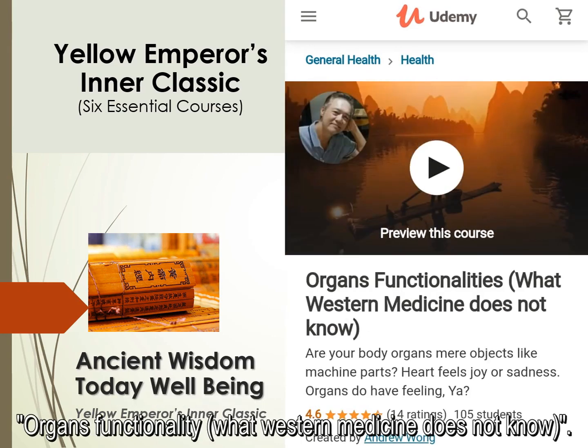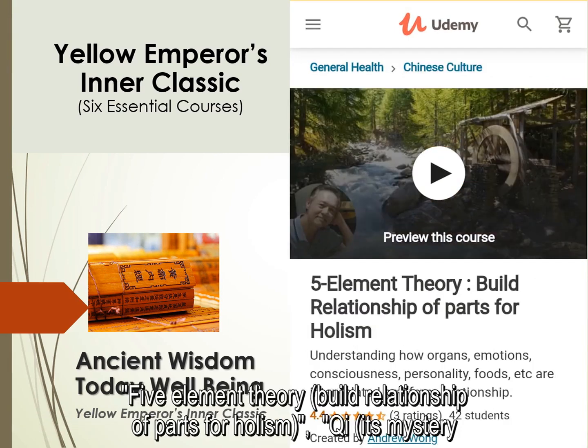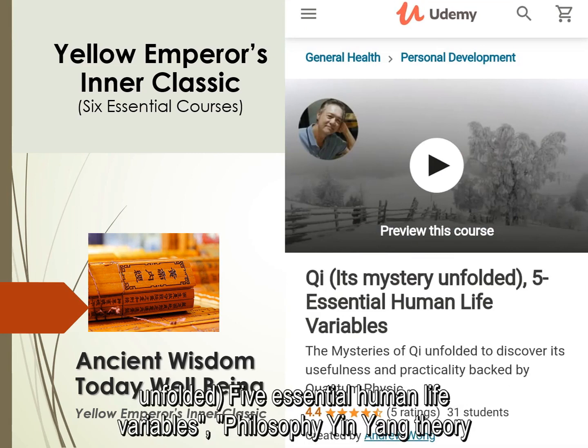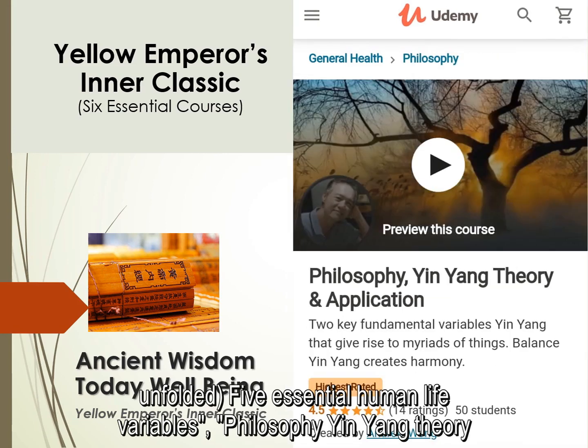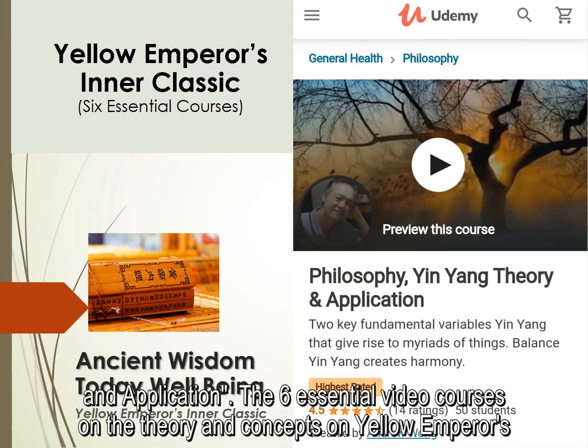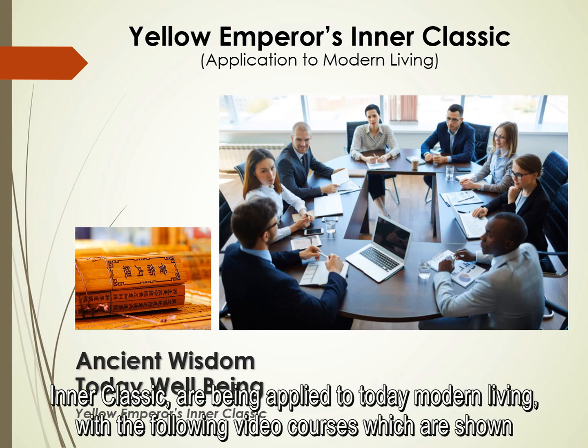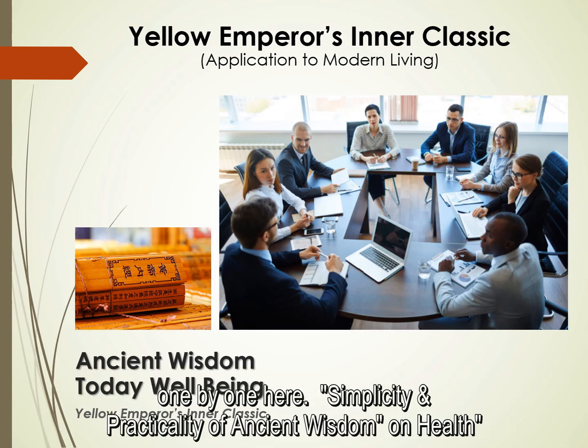Organs Functionality, what Western medicine does not know. 5-element theory, building relationship of parts for holism. Qi, its mystery unfolded, 5 essential human life variables. Philosophy, yin-yang theory, and application. The 6 essential video courses on the theories and concept of the Yellow Emperor's Inner Classic are being applied to today's modern living, with the following video courses which are shown one by one here.